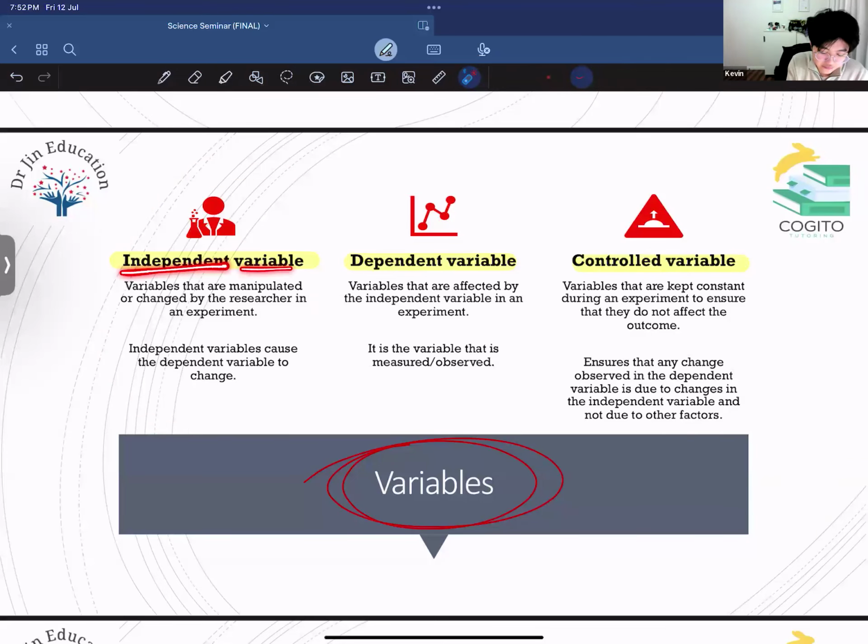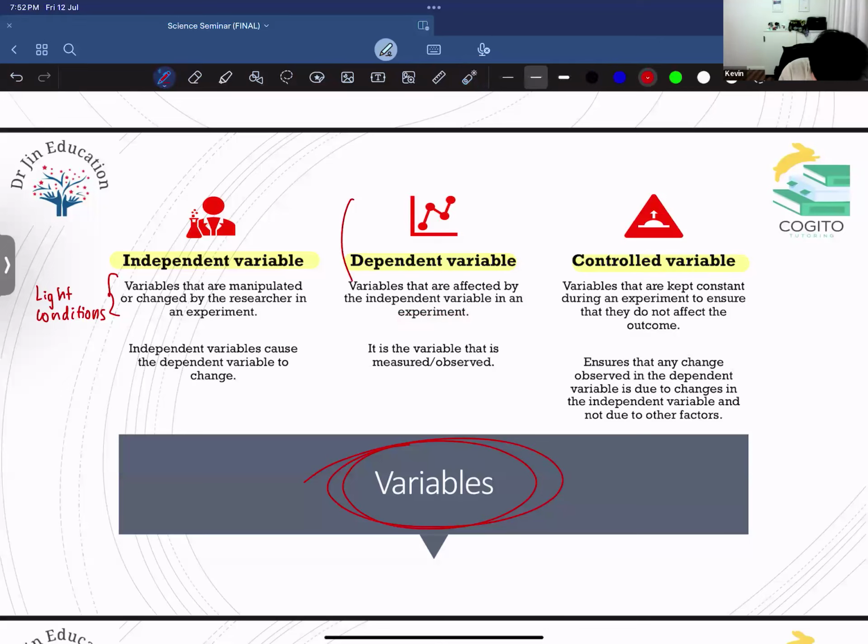Independent variables are variables that are manipulated or changed by the researcher in an experiment. Think back to your example: these are the light conditions. Now, the dependent variable depends on the independent variable. It's a bit confusing, but this is the variable that is affected by the independent variable in an experiment.